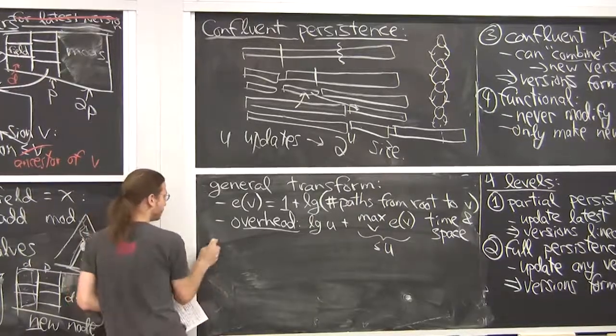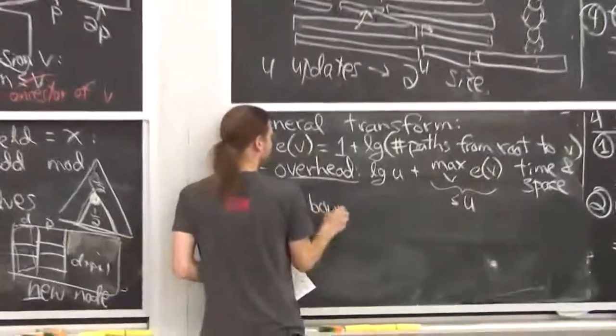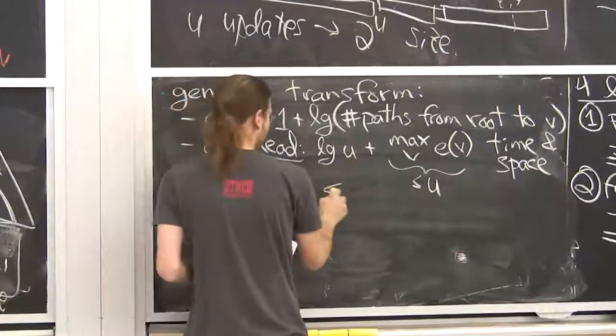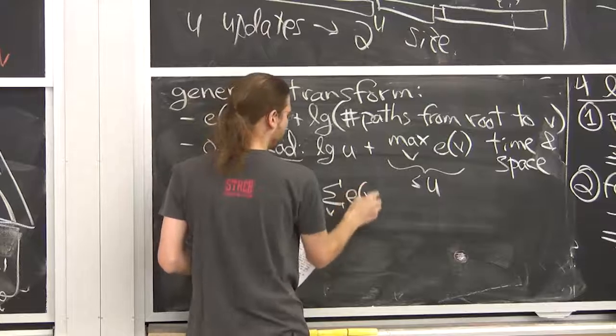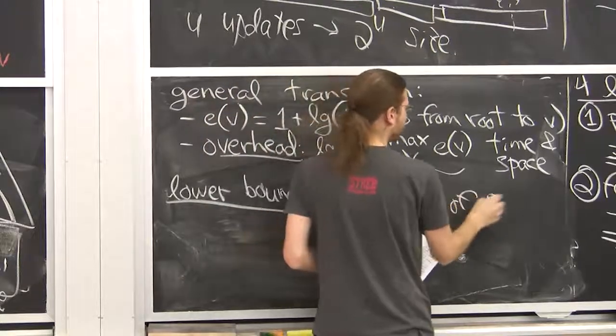They also prove a lower bound. So lower bound is sum of effective depths, total bits of space.